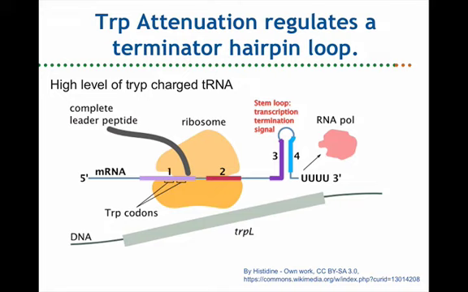The ribosome starts translating. If there's lots of TRP, then the ribosome can get all the way along here to its stop codon. If there's lots of TRP, it does not stall. It keeps going to its stop codon. And by doing that, it covers up region 2, preventing it from binding with 3.